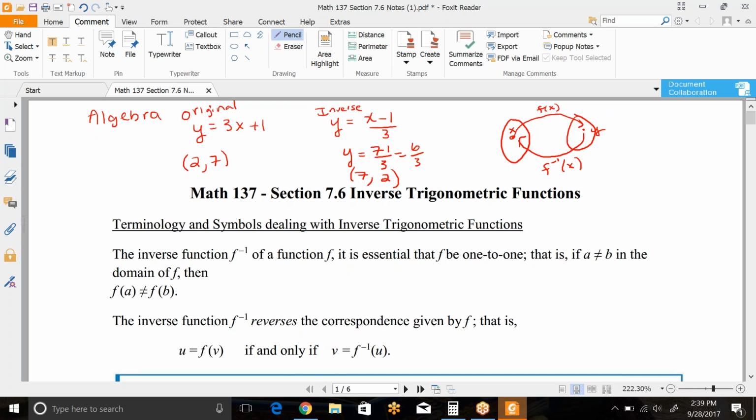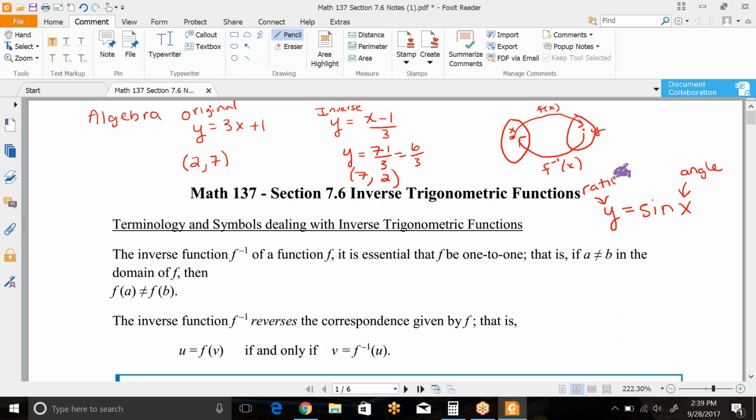What we are going to be doing with trig functions is we have to remember the structure of what y equals sine x is. In this statement right here, x is an angle, and y is the ratio of the triangle.